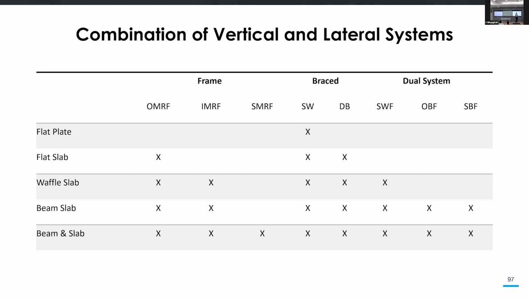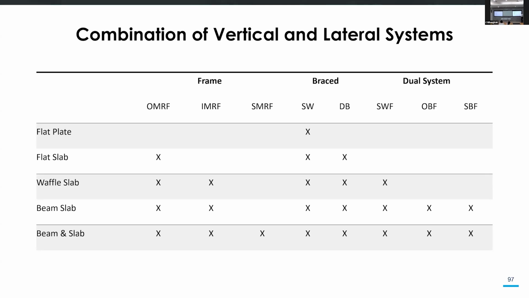If you want to use flat plate, you must use shear wall system. That's the key. So if your building is based on 100% shear wall design, then you can use flat plate. Otherwise, you cannot use it anywhere else. And then beam and slab, you can use almost everywhere. So this is the relationship.